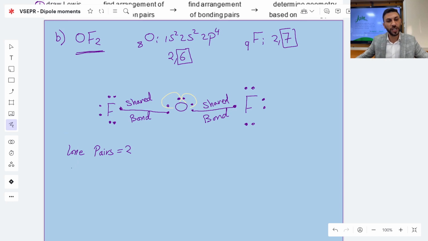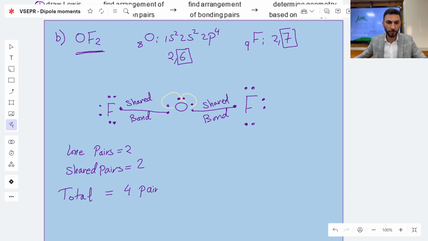The number of shared pairs, we also have 2 shared pairs. So the total number of pairs equals 1, 2, 3, 4. We add them, so it's going to be 4 pairs.